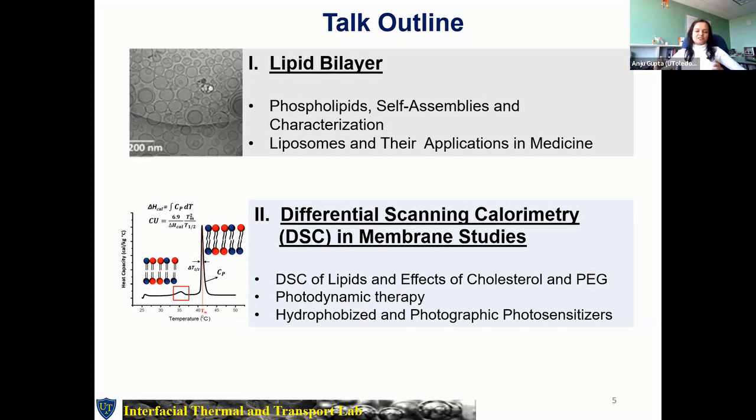We have been working on this for quite some time. And in the interest of time, I'm only going to focus on a very small section of our work on photosensitizers. So we discovered and modified existing photosensitizers, and we predicted how they are going to perform if they were used in photodynamic therapy.